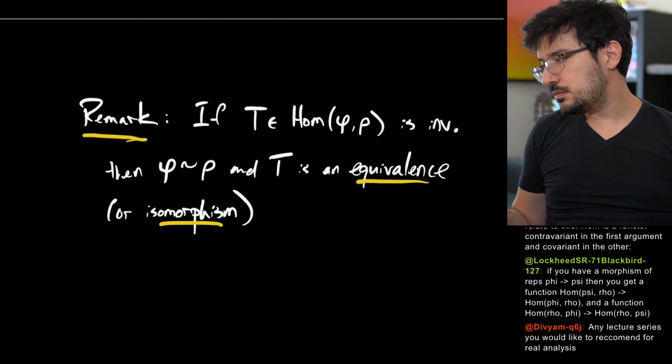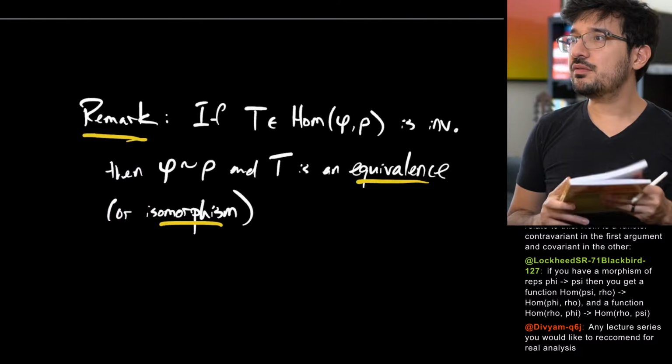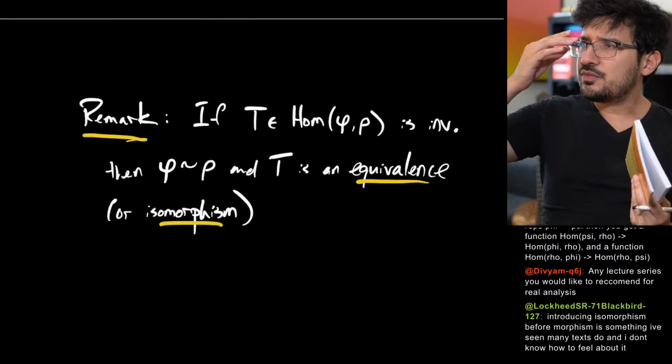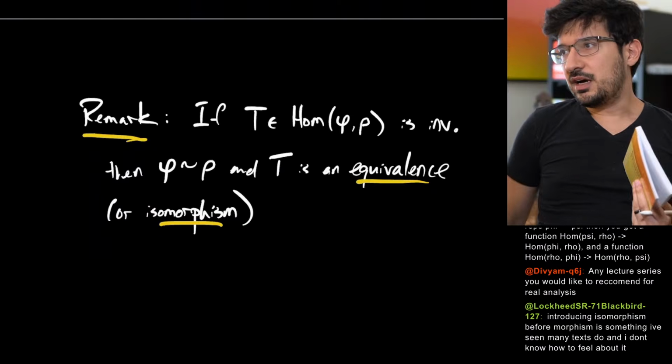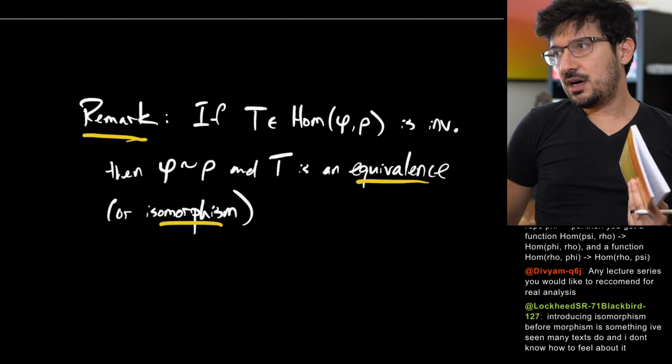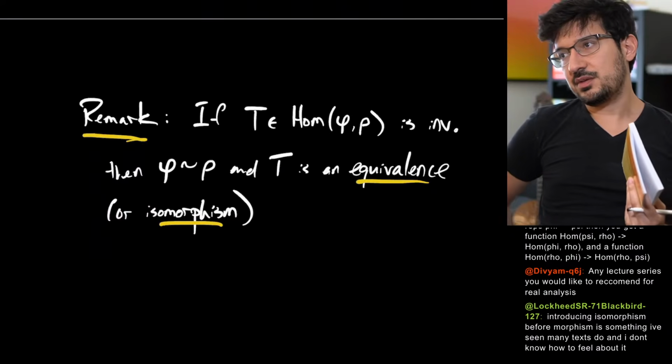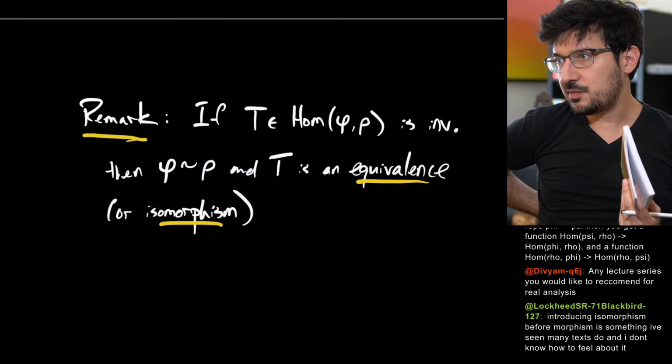Yep. That makes sense. Maybe the functor stuff you're talking about was trying to relate to this. I think I was way off on the functor stuff, yeah. If Hom is a functor, contravariant in the first argument and covariant in the other, I don't know what that is. No. If you have a morphism of reps phi to psi, then you get a function Hom psi rho and a function.